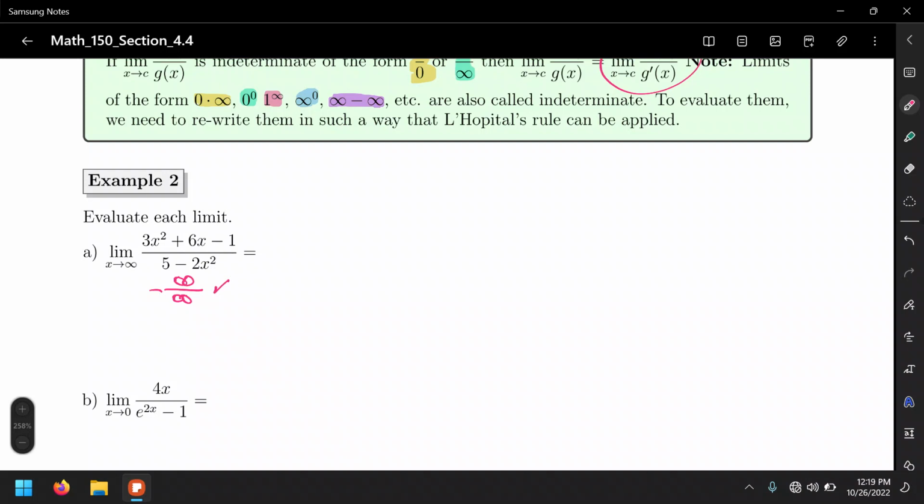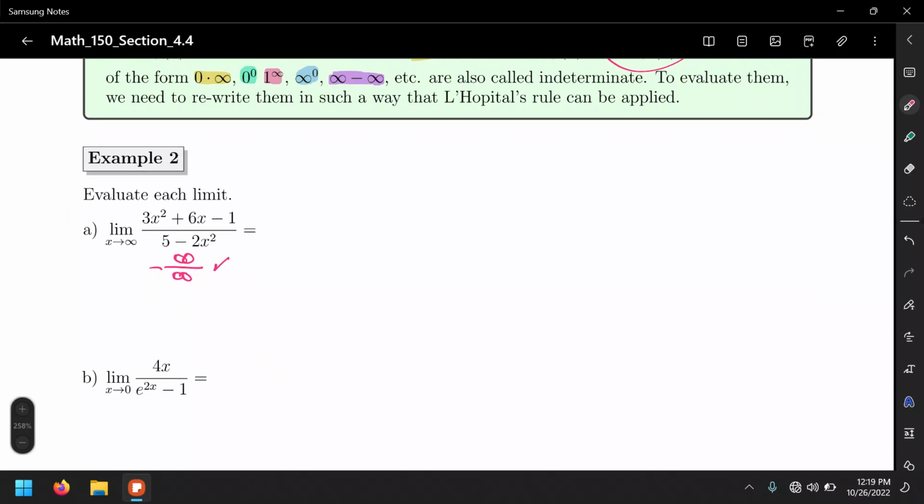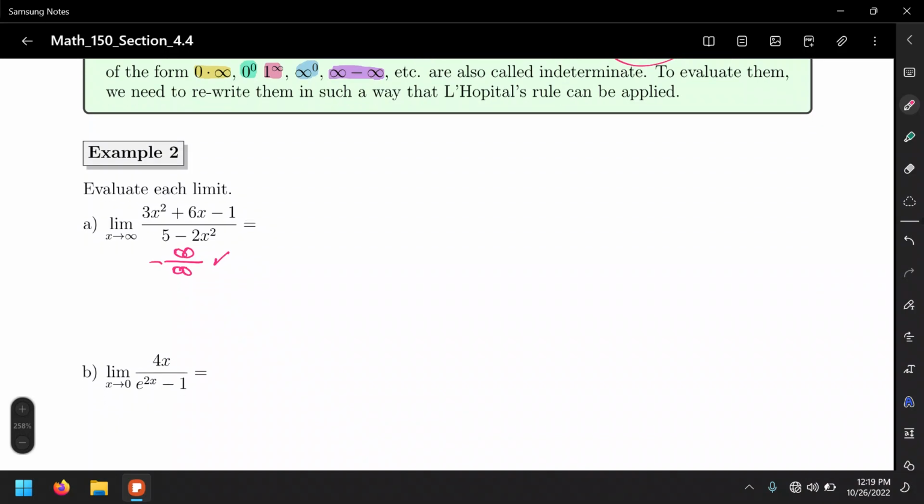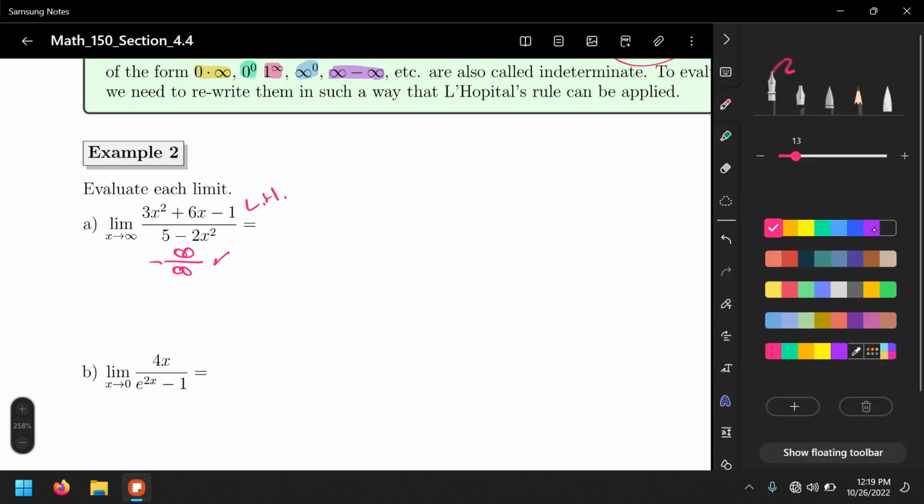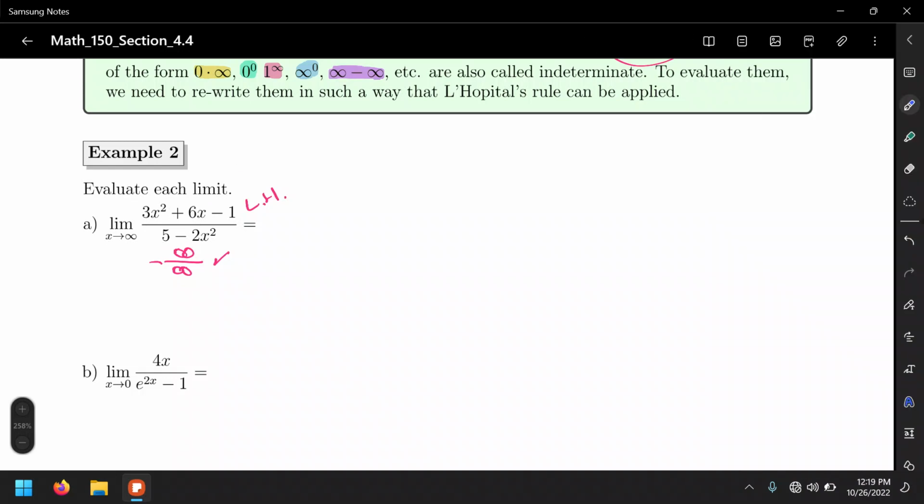We need to denote that we're using L'Hopital's rule. So above the equal sign, we will write LH. This denotes that we're using L'Hopital's rule to get from here to the next step. And another piece of advice: every time you are computing a limit, make sure to write the limit symbol for every single step.